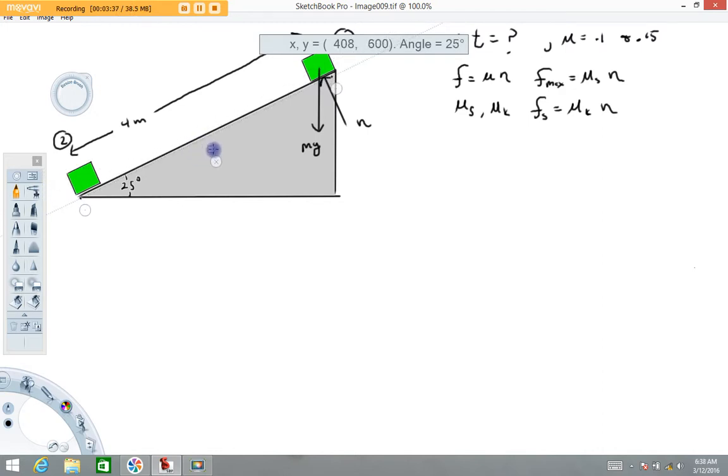And that force acts right along this surface. Those are the only forces that I imagine here acting on this object.